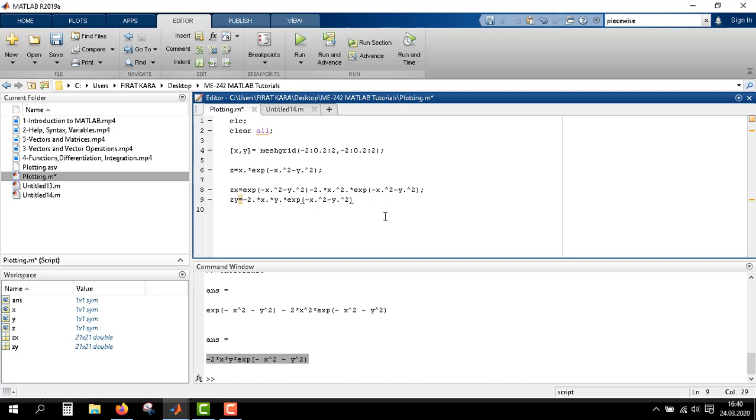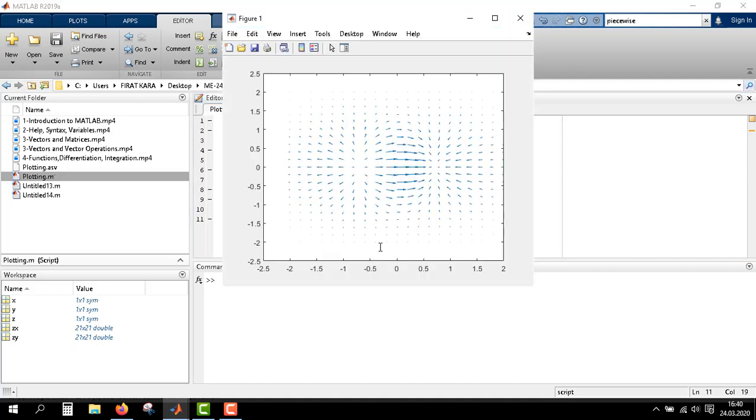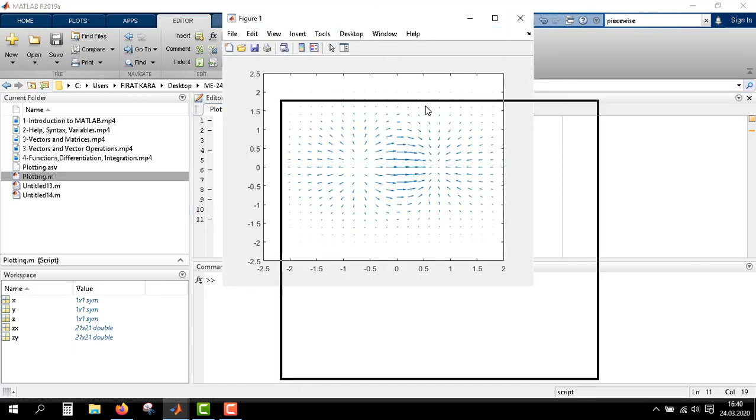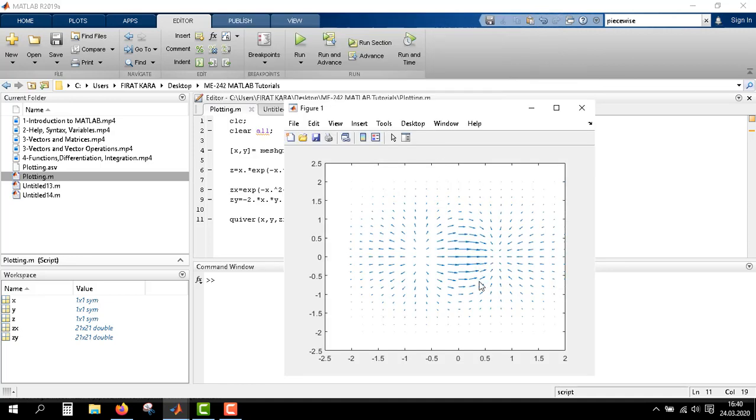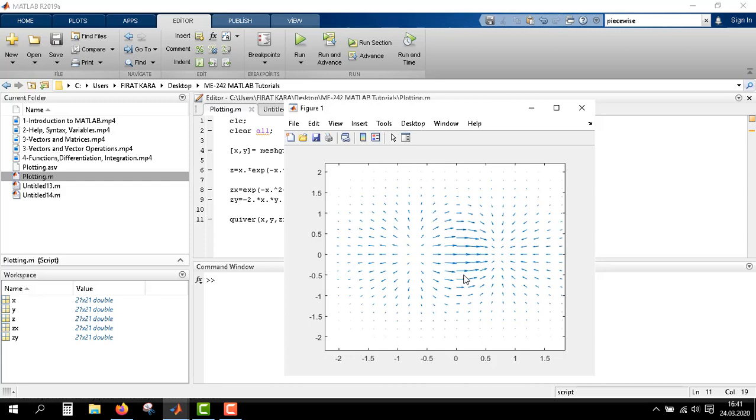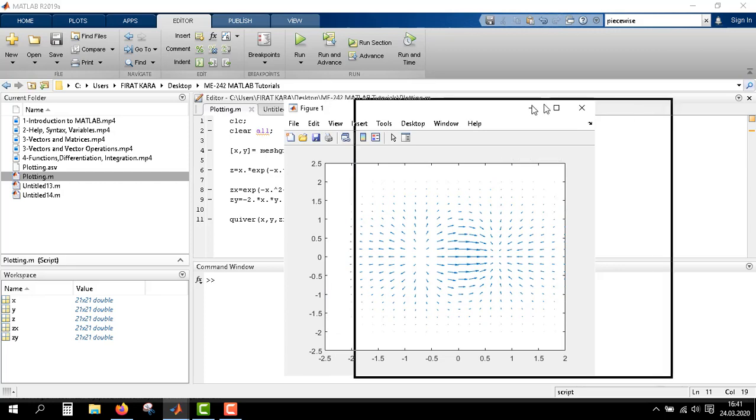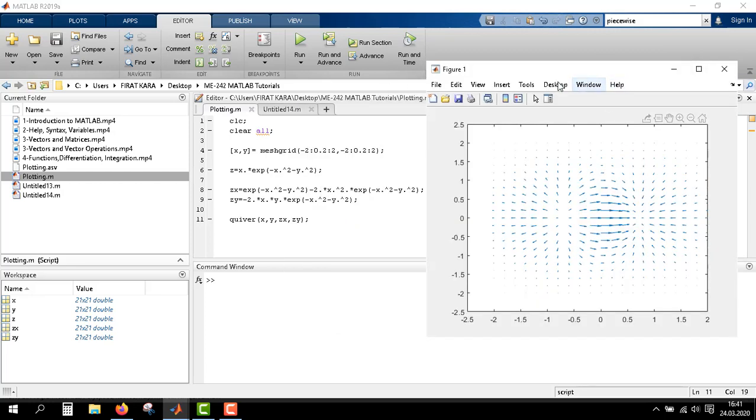Okay, now we are ready to use the quiver function: x, y, and let's write the gradients, dx, dy. Okay. Here you see the vector field of the function z. Okay, we obtained the vector field.